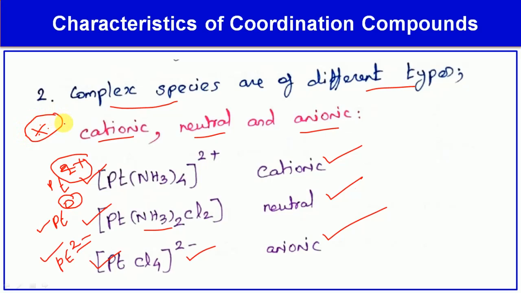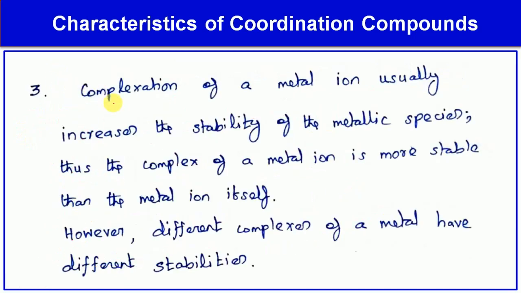Complex species are of different types: cationic, neutral and anionic. Third point, complexation of a metal ion usually increases the stability of the metallic species. Thus the complex of the metal ion is more stable than the metal ion itself.